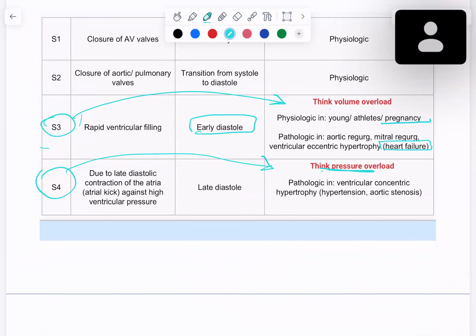Meanwhile, in pressure overload, you have increased pressure. So for example, let's just say that the person has a stenosed aorta, or they have hypertension. What's happening now is that their heart has to pump harder because there's an increase in pressure. There's something that is against its force, right? When you have uncontrolled hypertension, the blood pressure is so high that the heart has to pump harder.